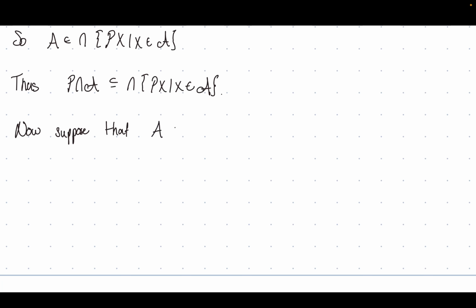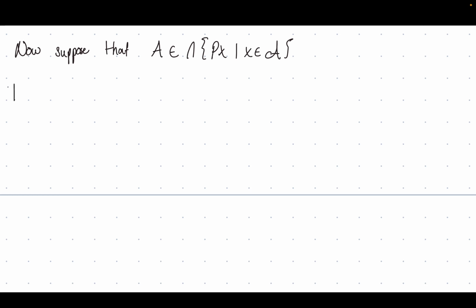Okay. And now we suppose that A is in the intersection of P(X) such that X is in script A. And this is kind of just the same proof but backwards. No, sorry, this is not how it goes.